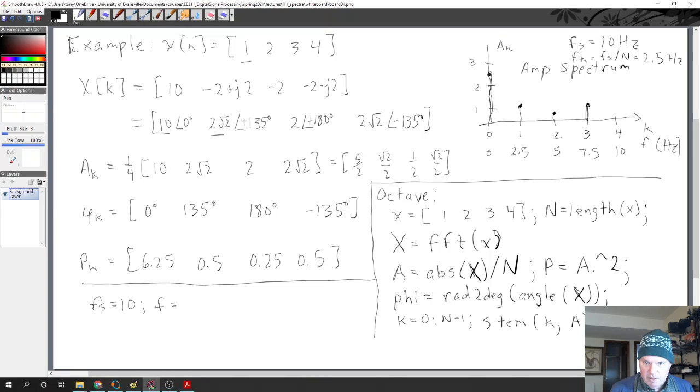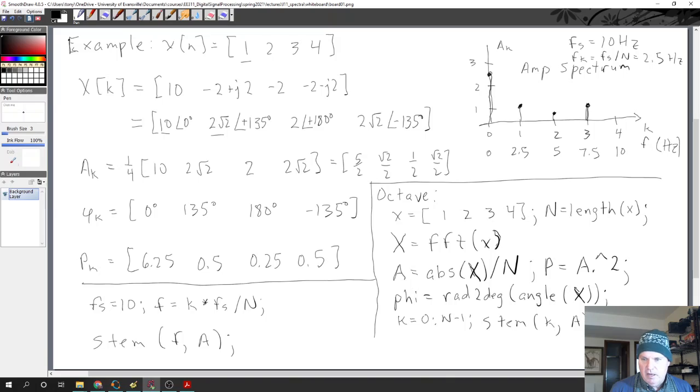It's going to be my k vector times f of s divided by n. So now this would be a 4-element vector. And so I could actually do this plot versus frequency as stem of f versus A, and then get a plot like this with frequency values along my x-axis.